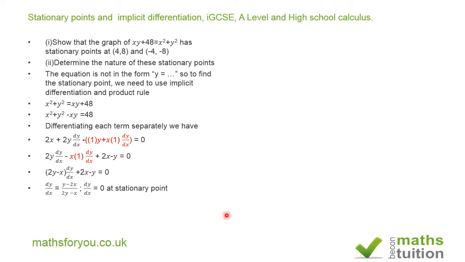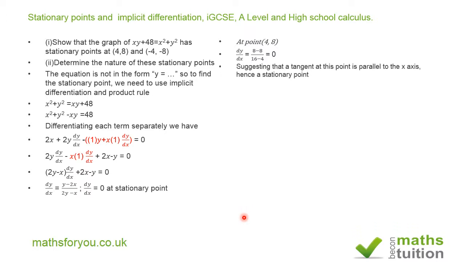So let's test it. If we look at the point 4, 8, and substitute x with 4 and y with 8, we end up with dy/dx equal to 0, because 8 minus 8 is 0. So in effect, at 4, 8, we've got a tangent parallel to the x-axis, and that's a stationary point.